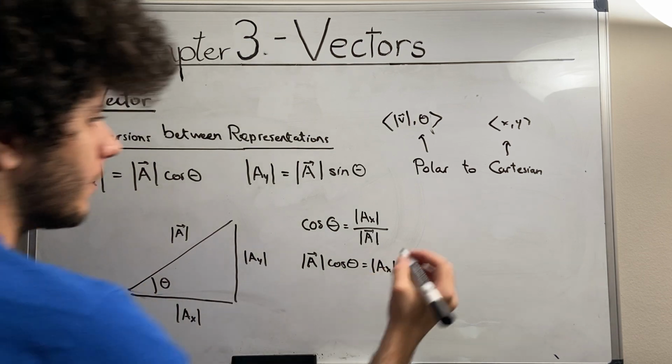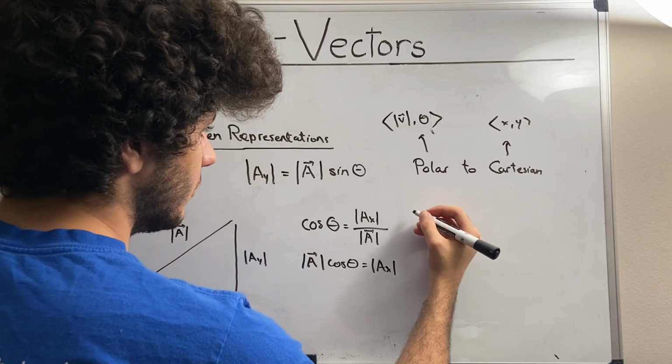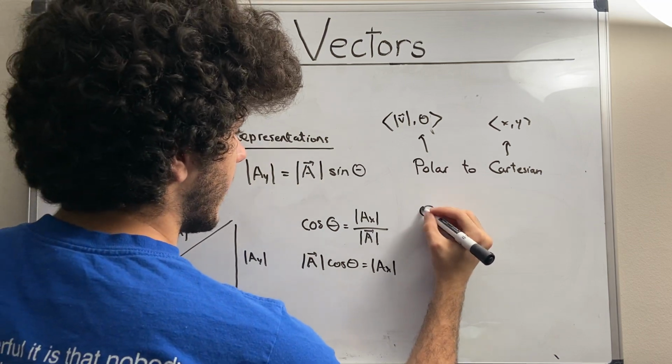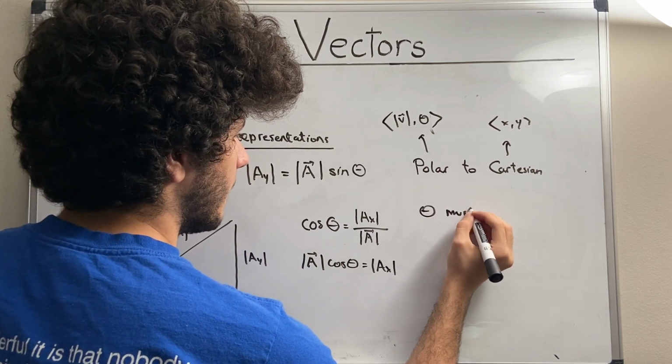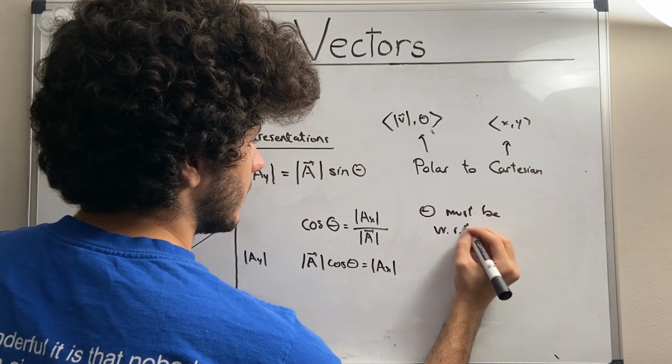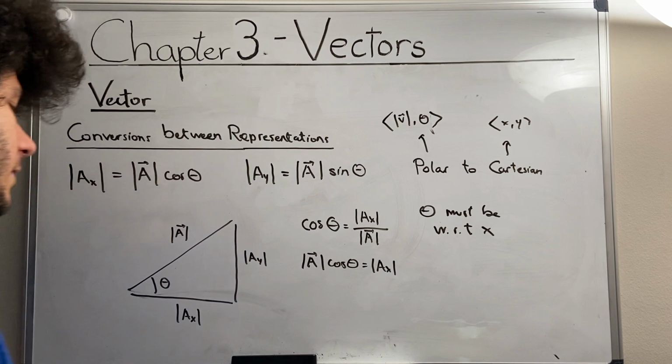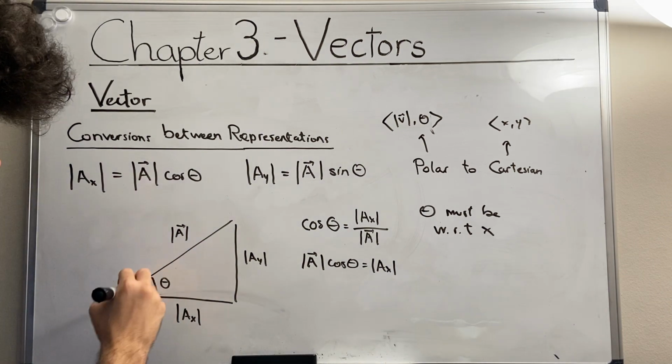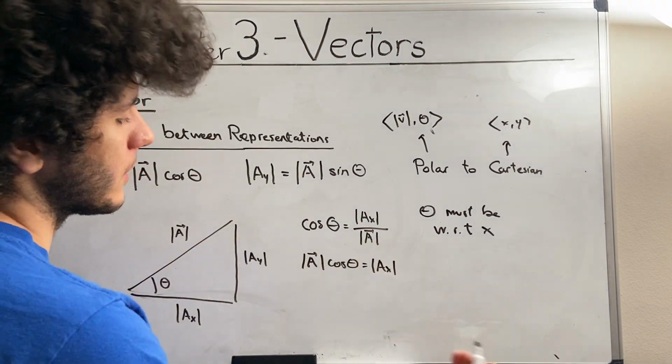The one thing that we need to make sure that you do is that when the angle must be with respect to x, right? It has to be with respect to x, and usually you want it to be positive.